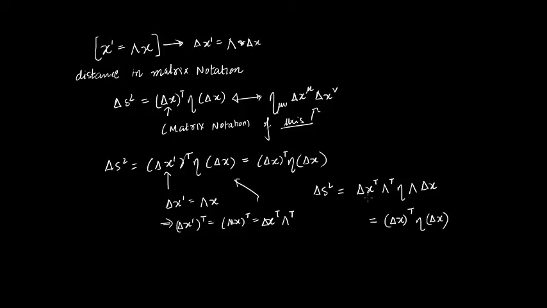In particular we are looking for such a transformation matrix such that lambda transpose, the metric, lambda remains invariant. So this is the mathematical problem that we are looking at. This is our mathematical question.